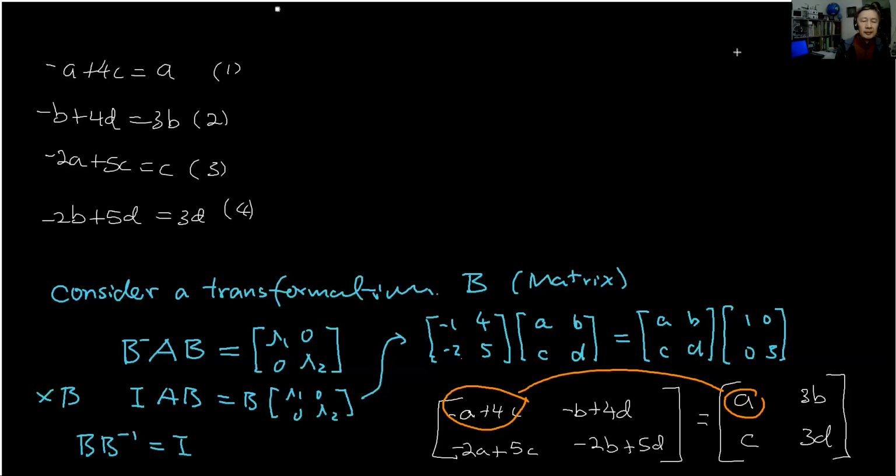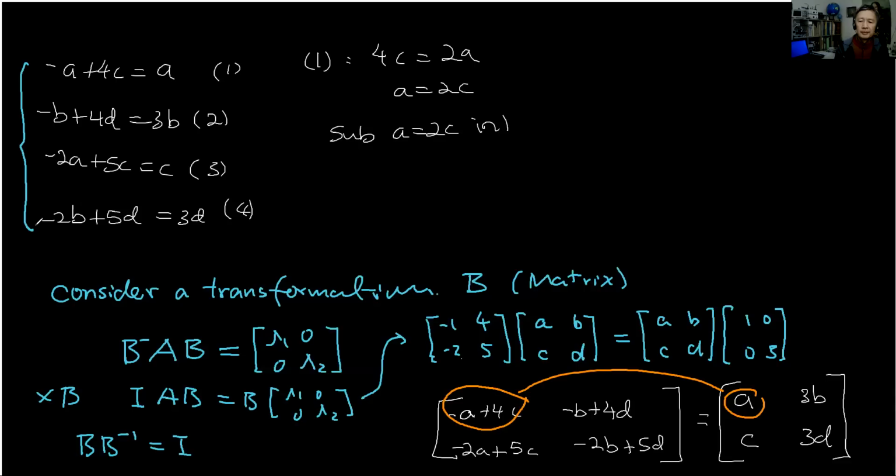Can we solve a, b, c, d, the 4 elements of B? So for the first one, a equals 2c. So substitute negative 2 to c.